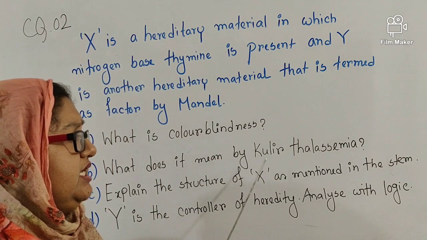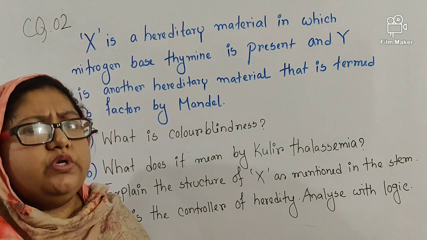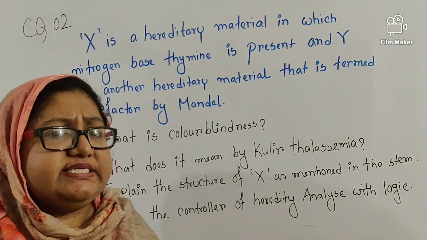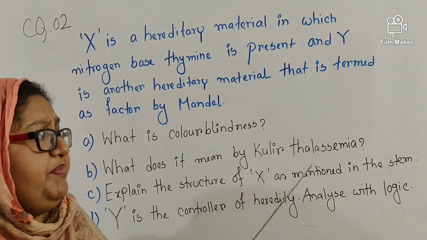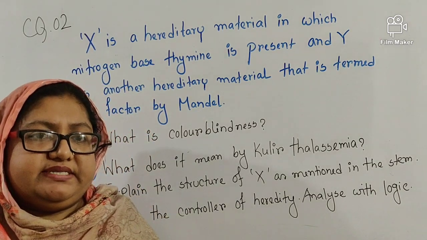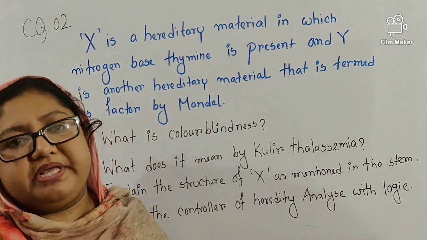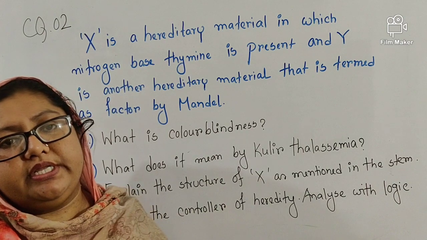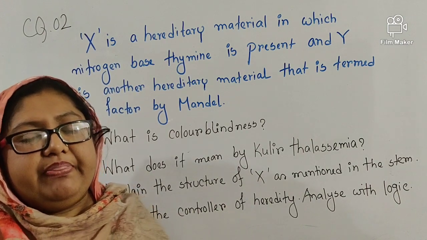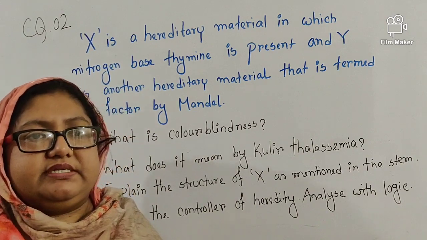Why does this thalassemia occur, or why is it known as Cooley's thalassemia? What does it mean by Cooley's thalassemia? Thalassemia is of two types: alpha thalassemia and beta thalassemia. It is termed alpha or beta thalassemia on the basis of the protein alpha globin or beta globin that is present in the red blood cell.